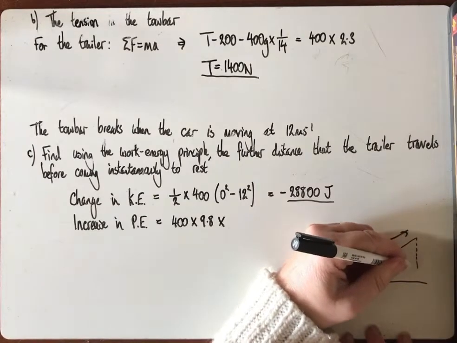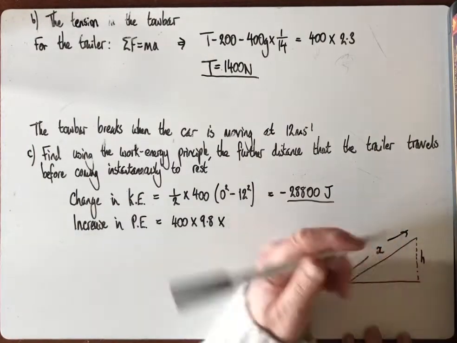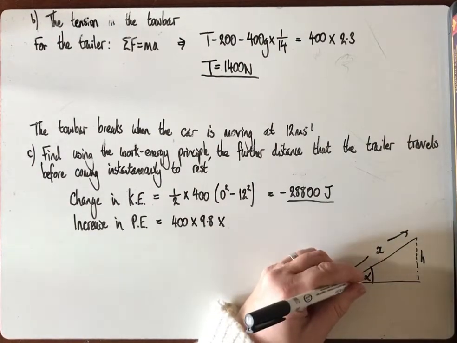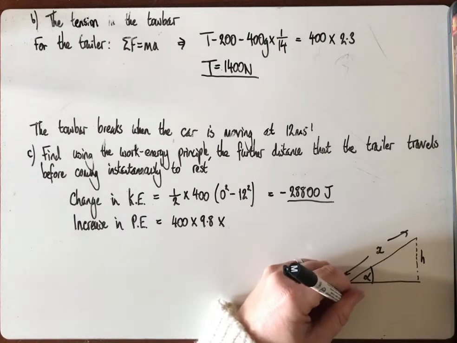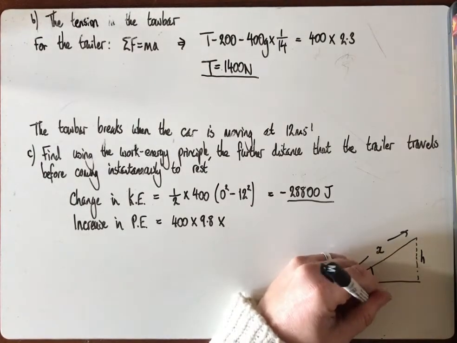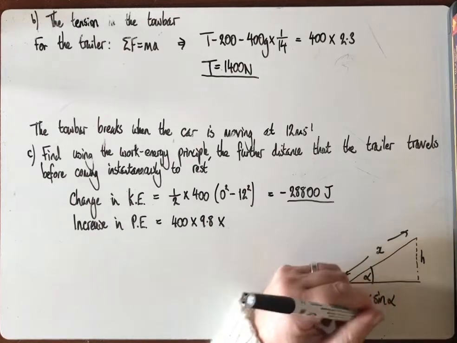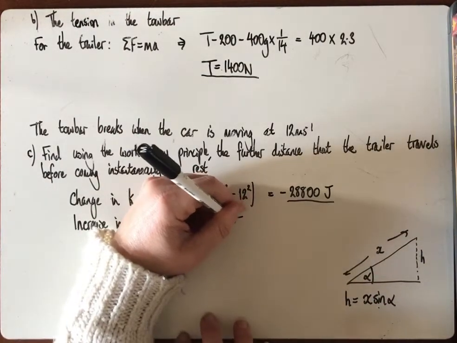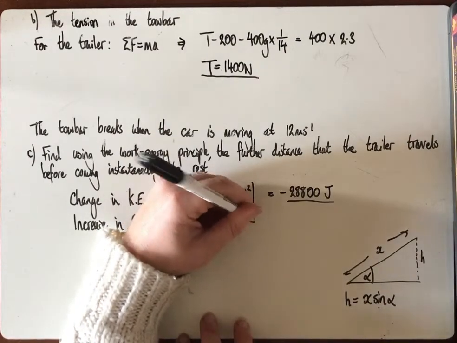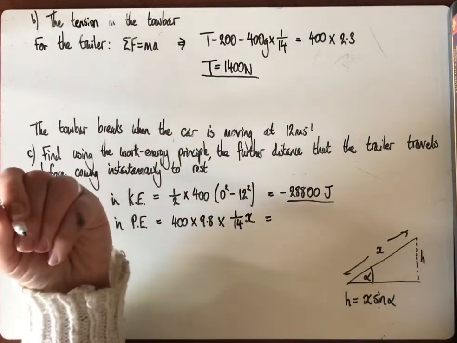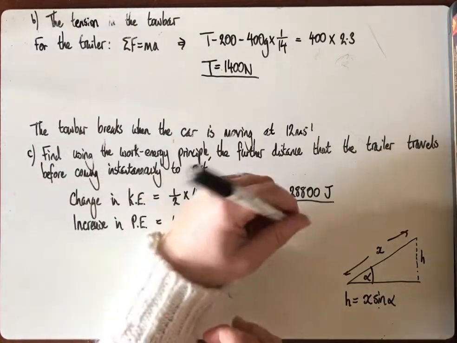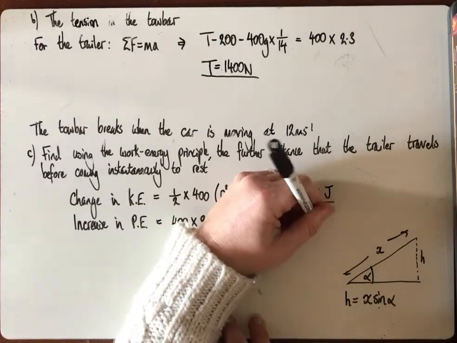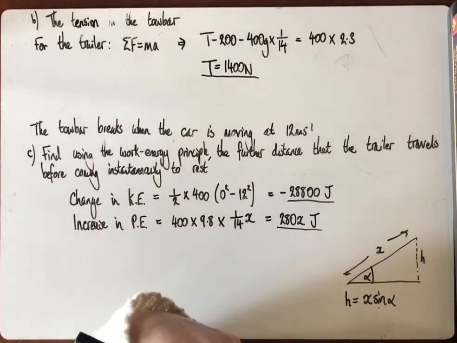And the increase in potential energy would be this height here, and this angle here is alpha. So sine alpha is h over x, so h is equal to x sine alpha, but we know that sine alpha is 1/14. So multiplying all those together, you get 280x joules for the increase in potential energy.